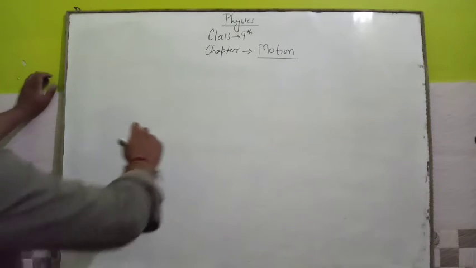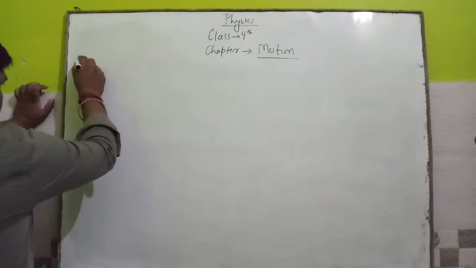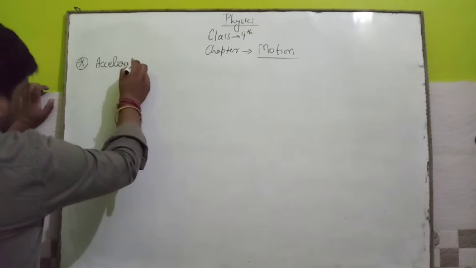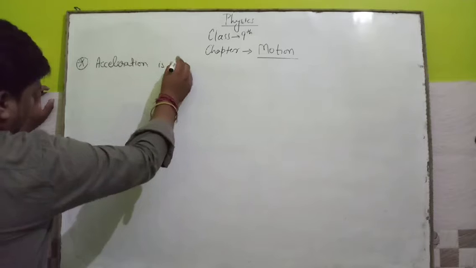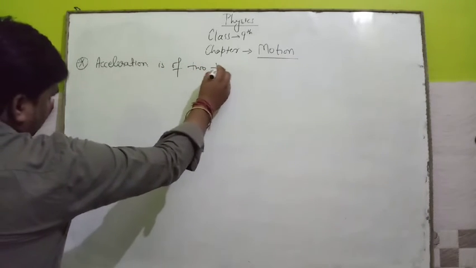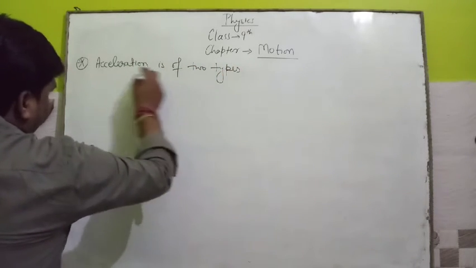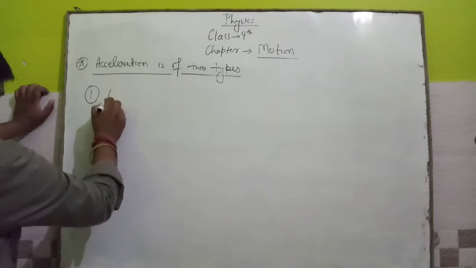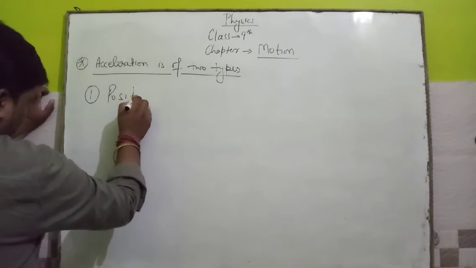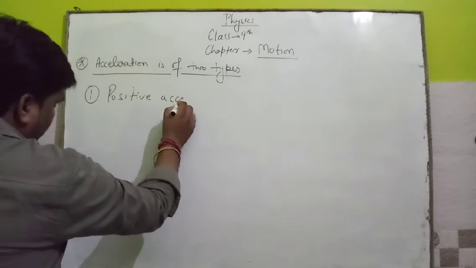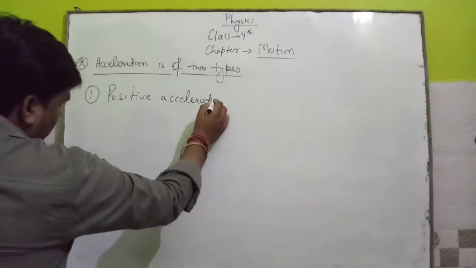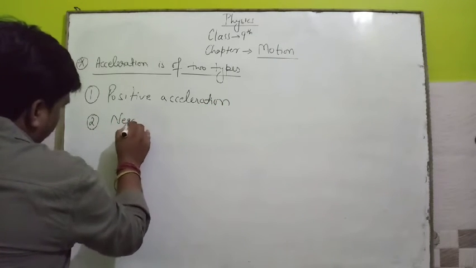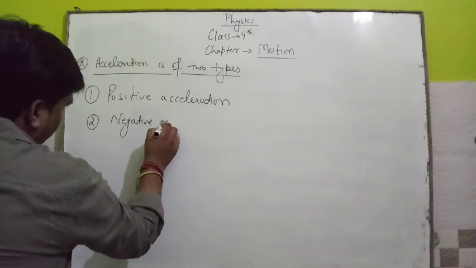Now, types of acceleration. Write down: acceleration is of two types. First one is positive acceleration and second one is negative acceleration.